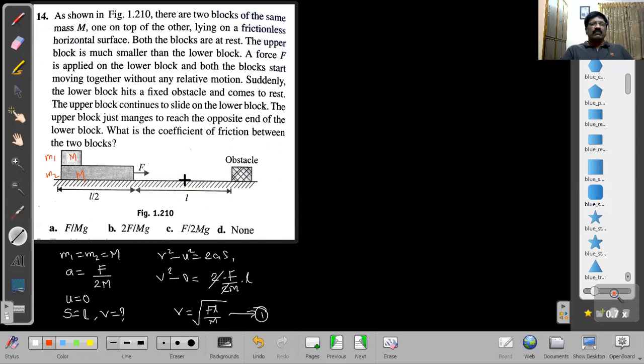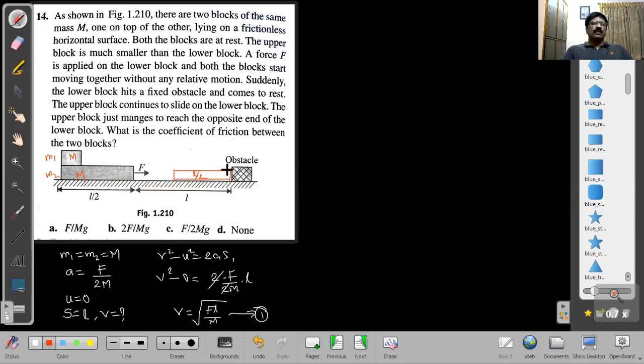But whenever the lower block strikes the obstacle, at that time the position of the lower block is like this. This is the position of the lower block, and this length is equal to L by 2.